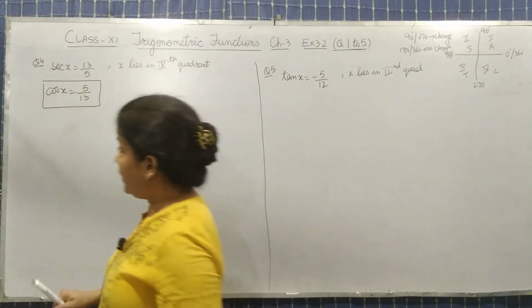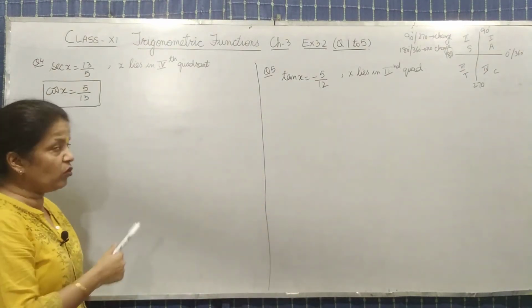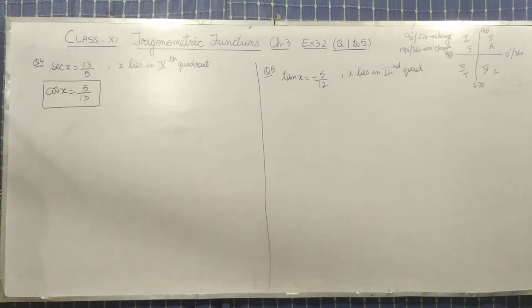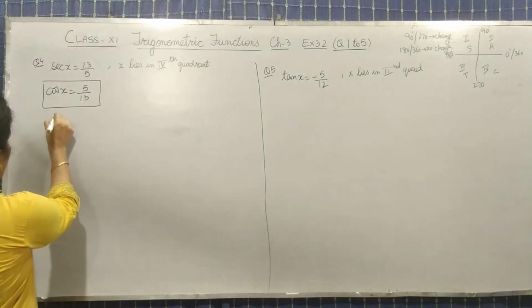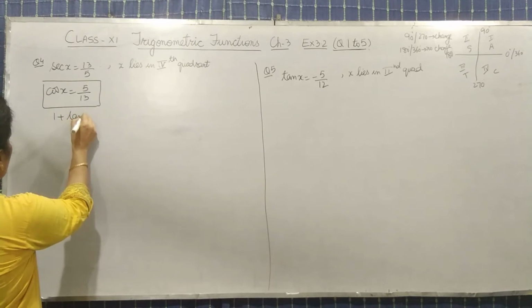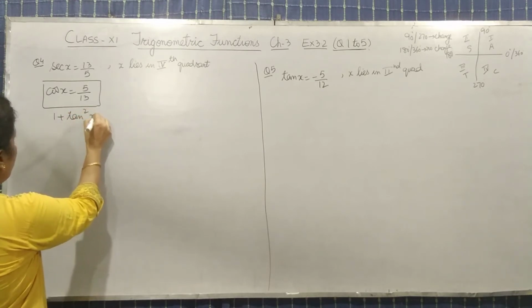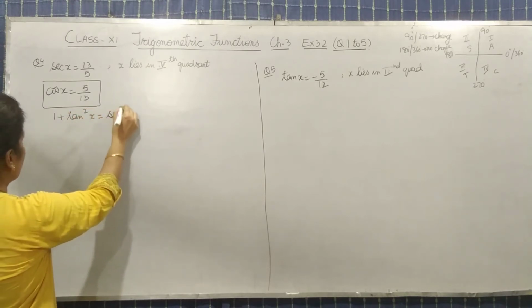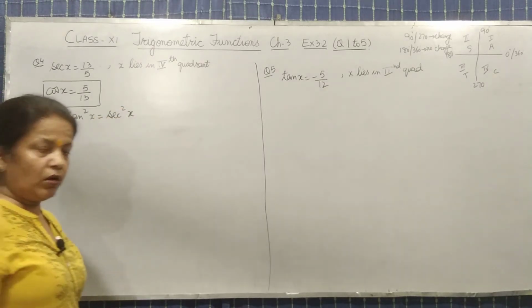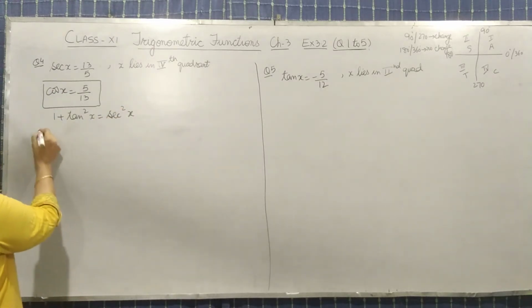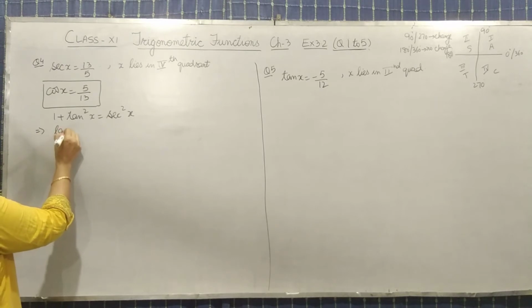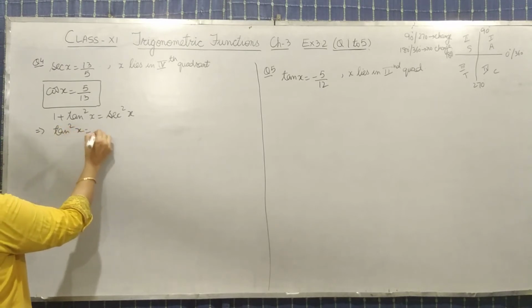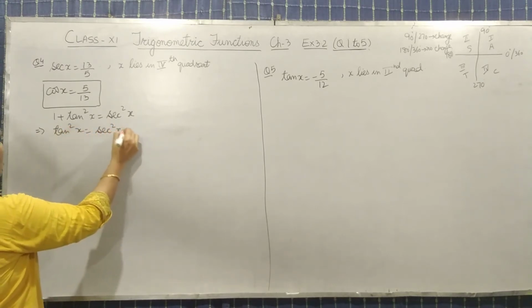Okay. Now to find out the other values, we have to use the identity. This identity you did in your 10th class also. 1 plus tan square x equals sec square x. So from here we can find out tan square x value. Tan square x equals sec square x minus 1.